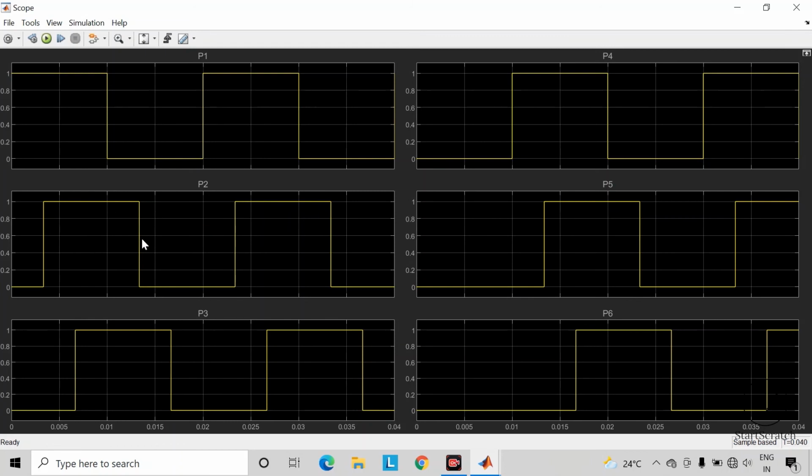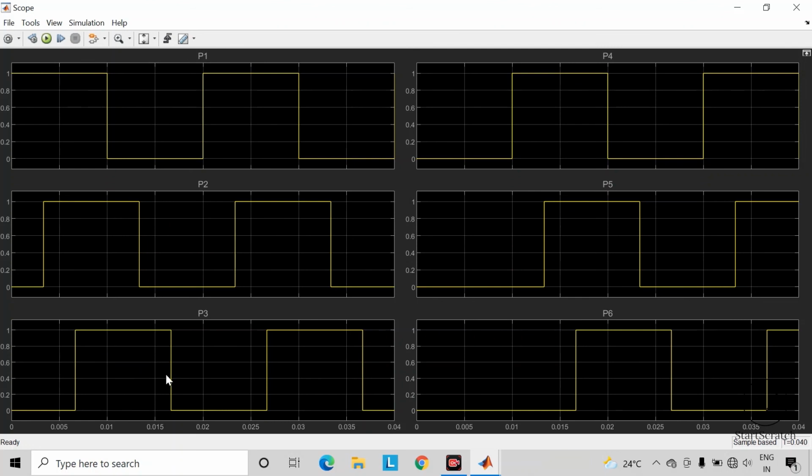Now switch S2 starts conducting after a phase delay of 60 degrees as compared to switch S1. This 60-degree phase delay corresponds to almost 3.33 milliseconds. When switch S2 gets turned off, at about 13 milliseconds, switch S5, which is connected in series with S2, gets triggered.